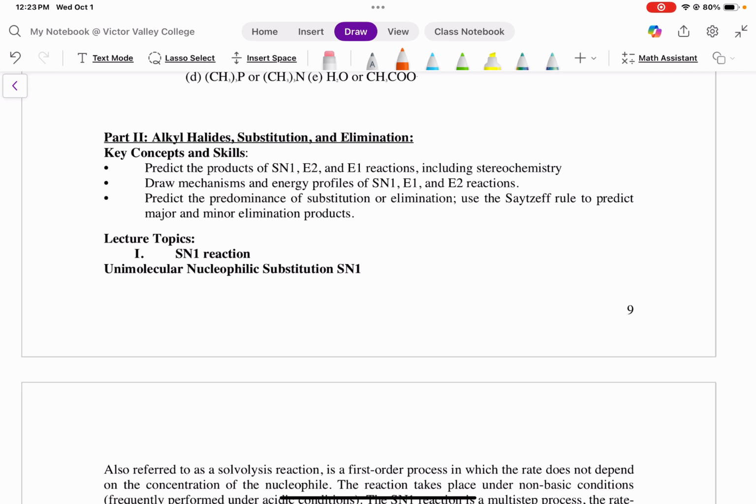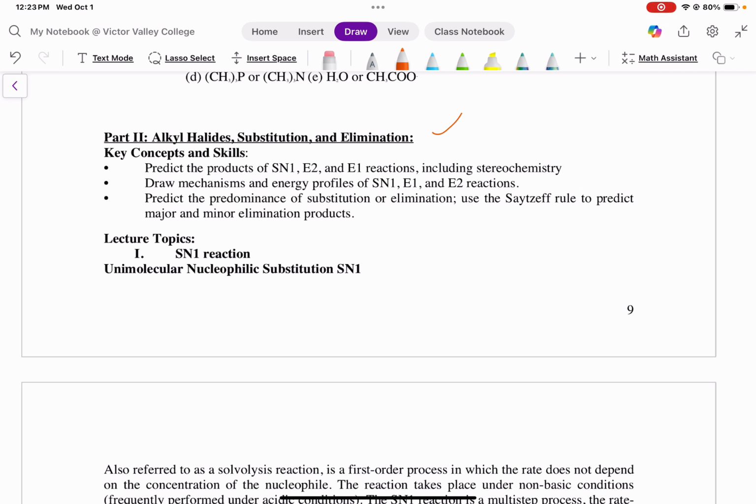All right, we are continuing with alkyl halide substitutions and eliminations. Okay, this is the second part. Last time we talked a little bit about SN2 reactions, that's bimolecular substitutions.